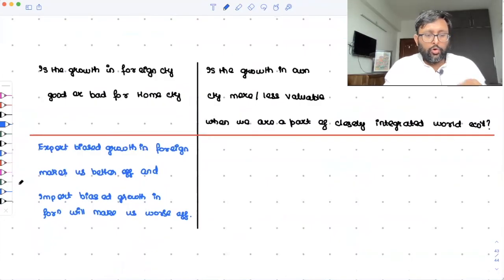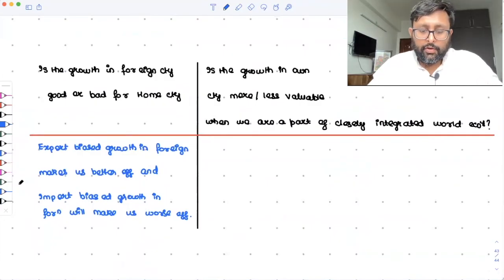Then is the growth in own country more or less valuable when we are a part of a closely integrated world economy?